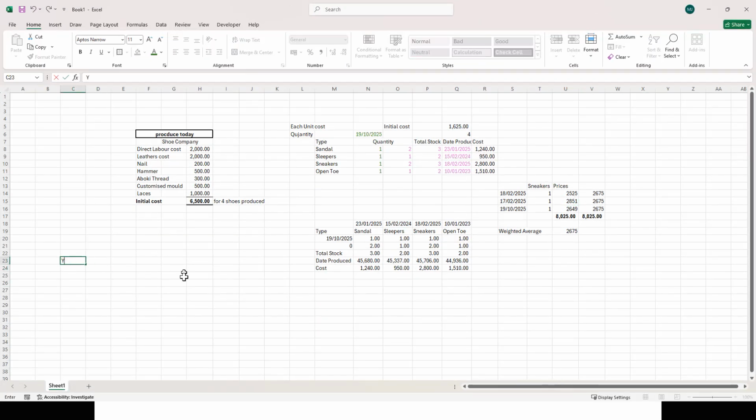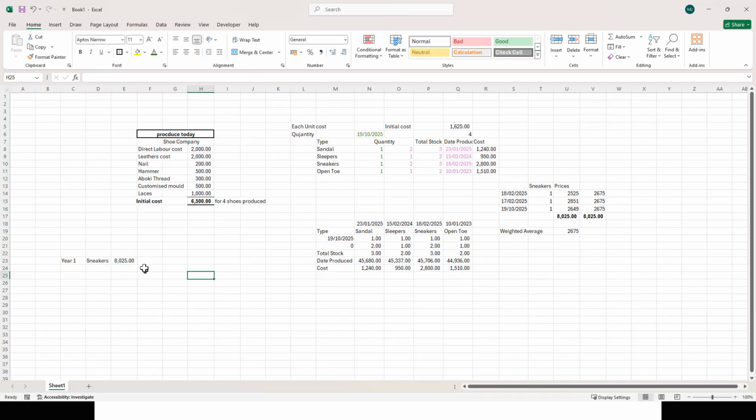Let me use just one product so I don't confuse you. Year one, our inventory is what? 8,025, right? For sneakers. I'm just going to use sneakers alone for now. The total inventory for sneakers is 8,025, and the quantity is three.